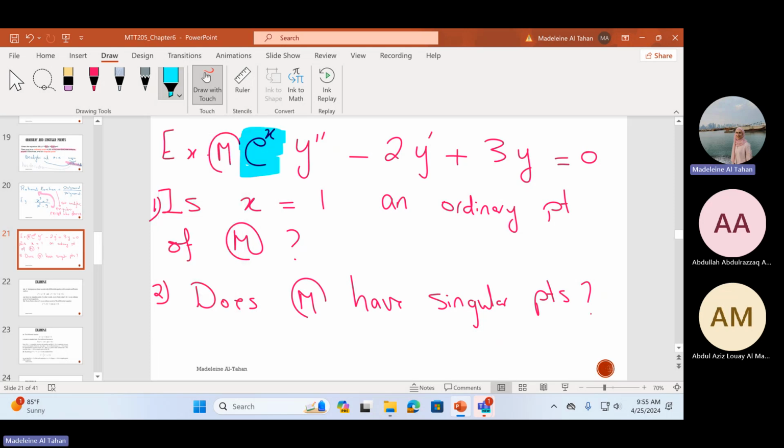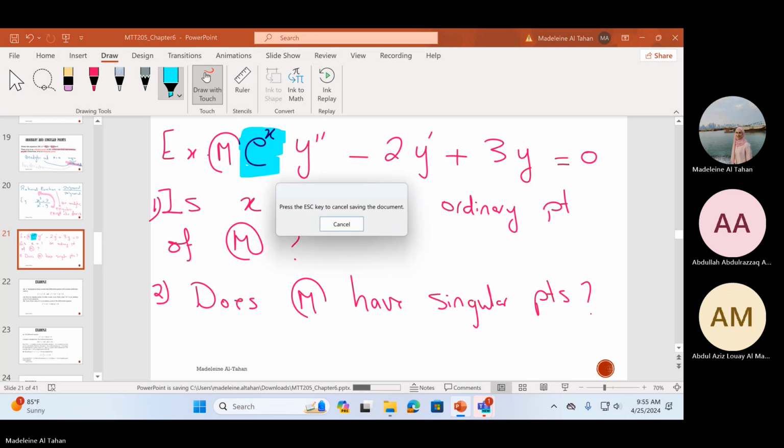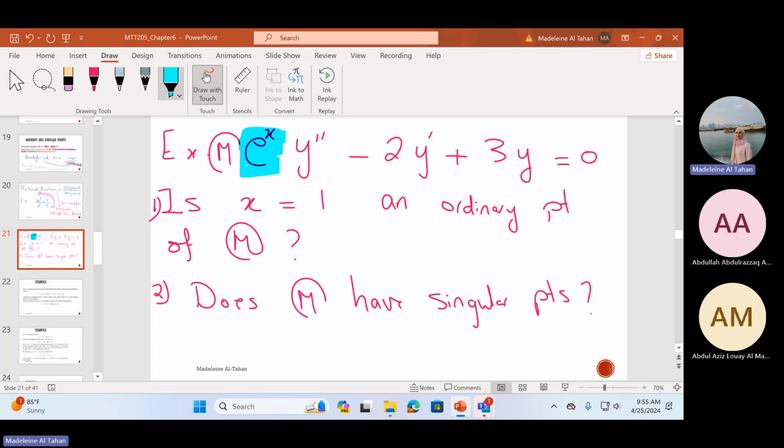What do we have here? e^x. So the first step is to write it in standard form.